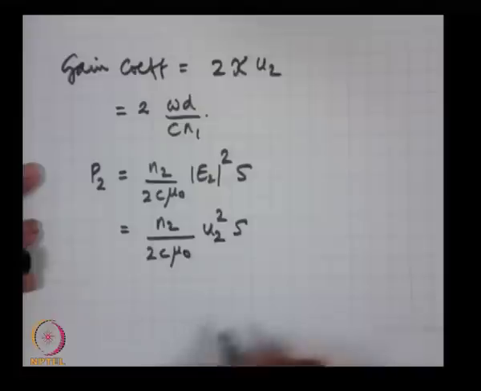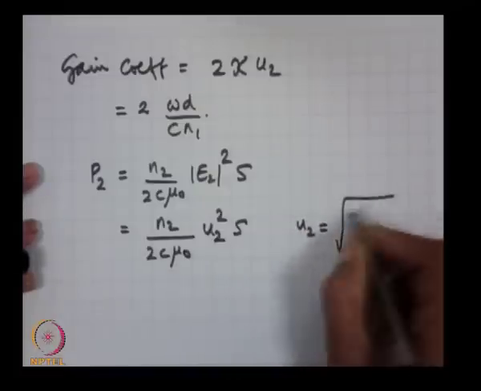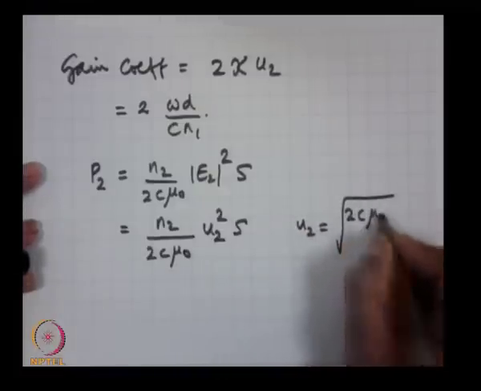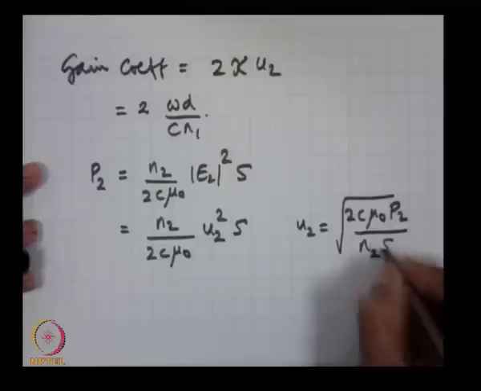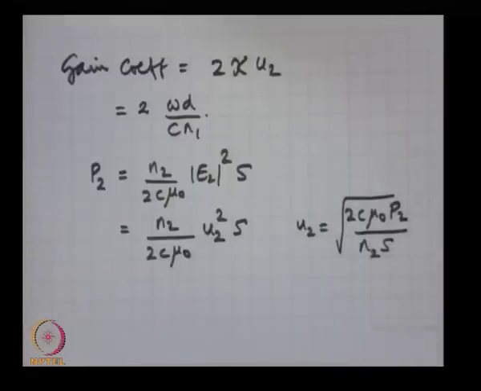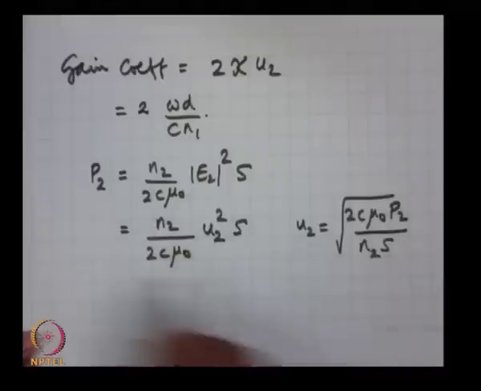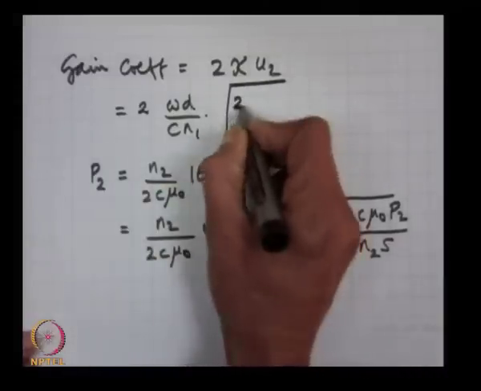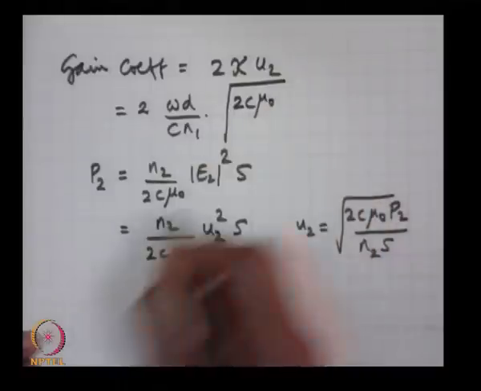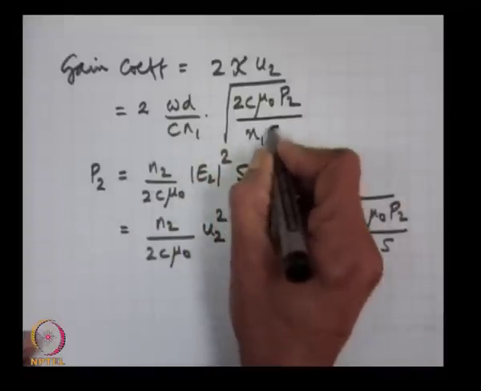So this implies u2 is equal to square root of 2 c mu 0 P2 by n2 A. So the gain coefficient becomes this multiplied by this expression for u2, which is square root of 2 c mu 0 P2 by n2 A. This is n1 because n2 is equal to n1.